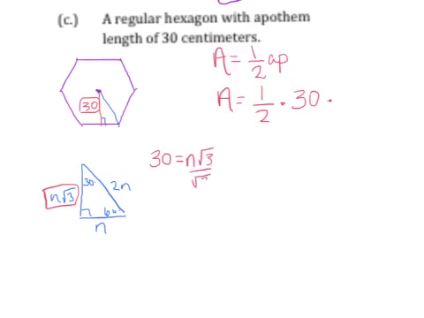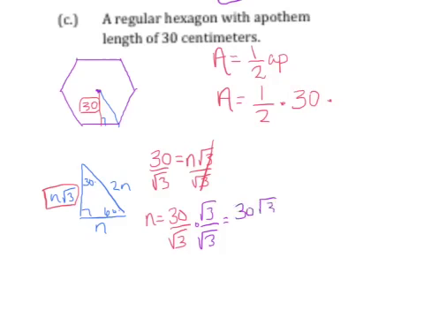Divide by root 3, divide by root 3. n equals 30 divided by root 3. We need to rationalize the denominator, so multiply by root 3 over root 3. This gives us 30 root 3 over root 9, which is also just 3. So we end up with 10 root 3 as n.